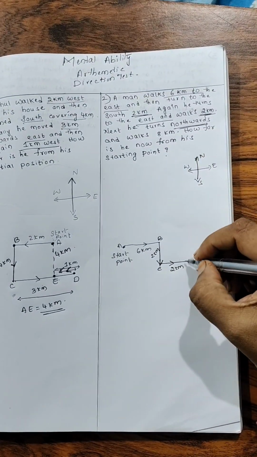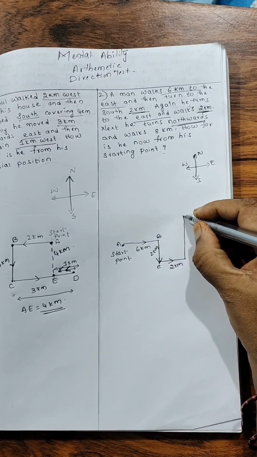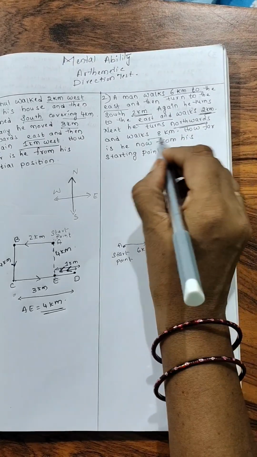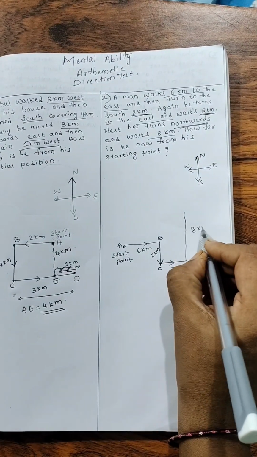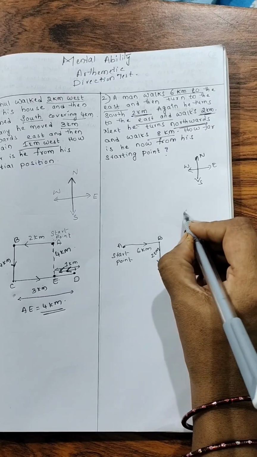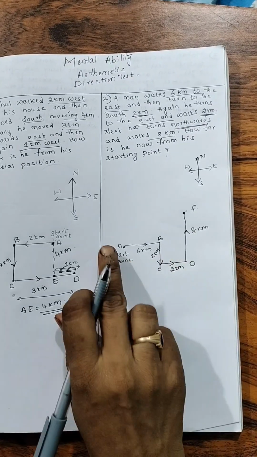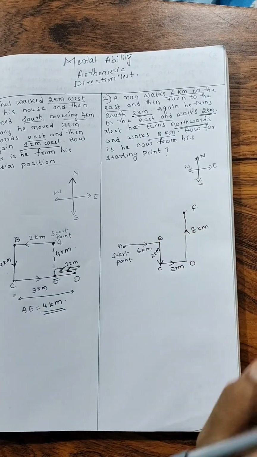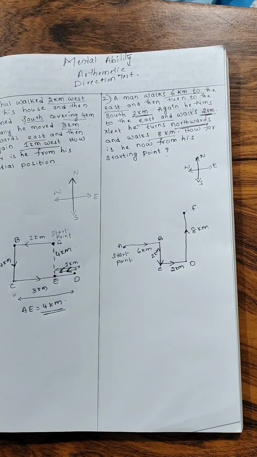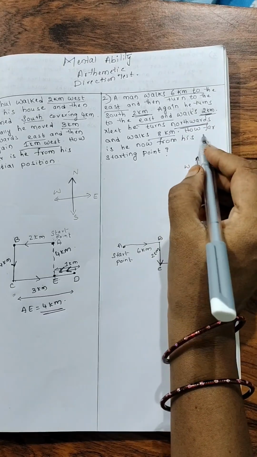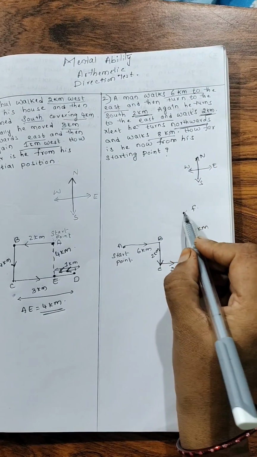North, how much did he travel? 8 kilometers he traveled in the north direction. I'm giving some names A, B, C, D, F. And now he traveled up to F in the north direction, 8 kilometers.